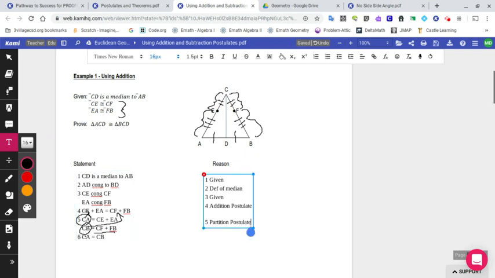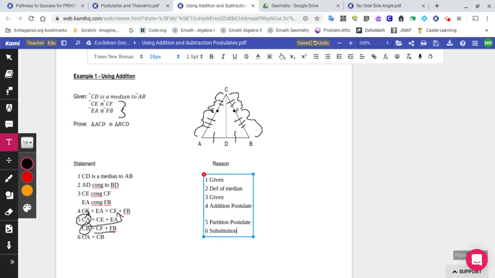So I took those two sums and I substituted for their equals. Since CA equals CE plus EA, I can put in CA. Since CB equals CF plus FB, I can put in CB, and I get statement 6. And that is the substitution.